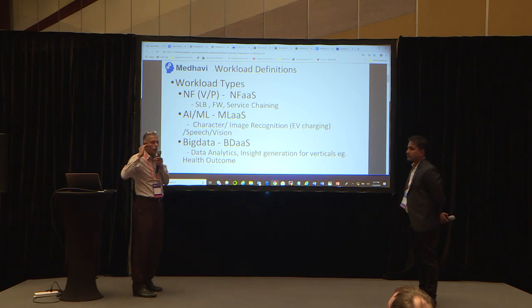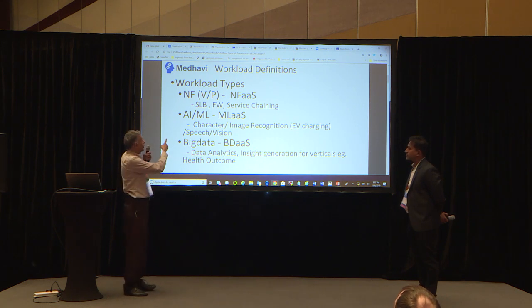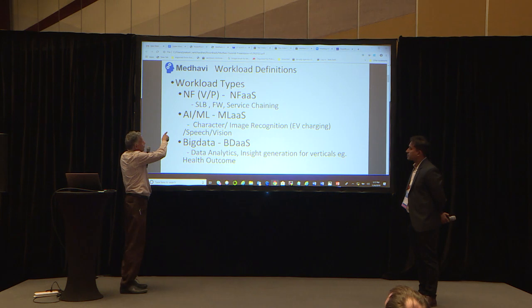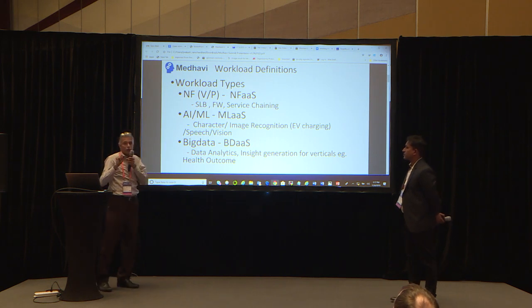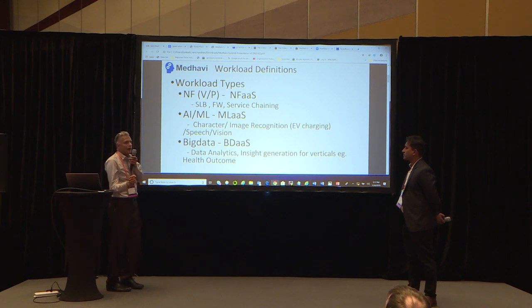Managing those kinds of volumes for a network function is the hard task. So workload is distributed as well as it needs to be load balanced. So software load balancer, firewall, service chaining, these are some of the use cases which define network function workloads, virtual or physical. Then I go to AI and ML.